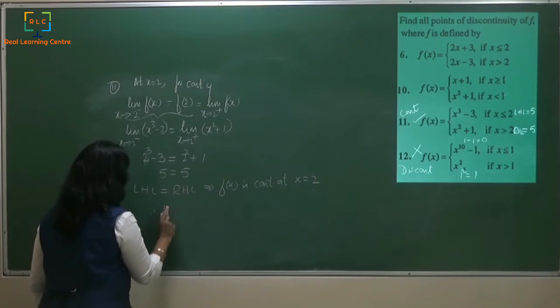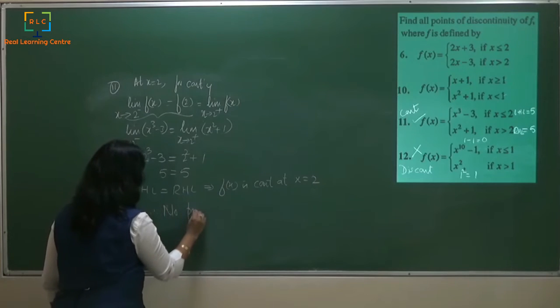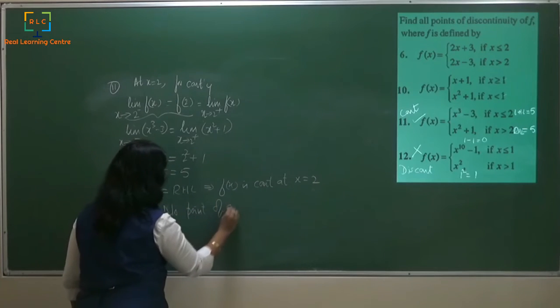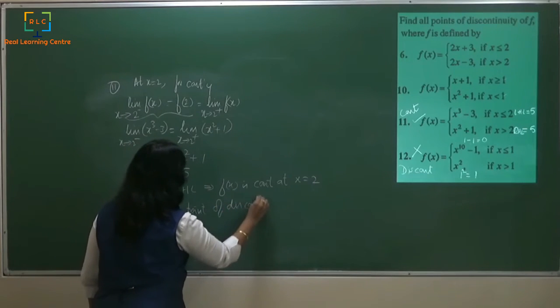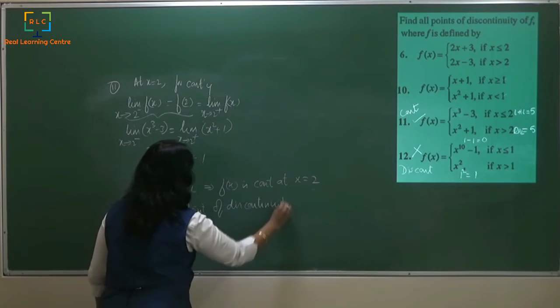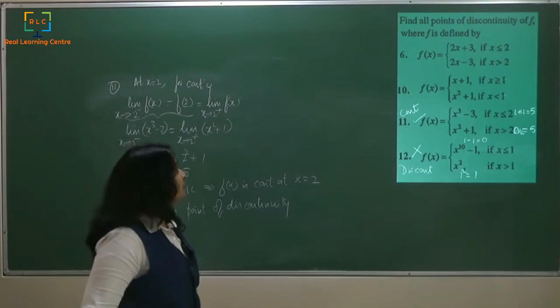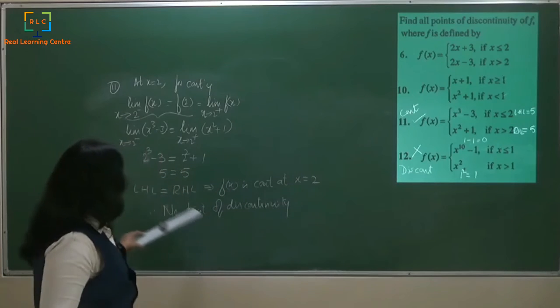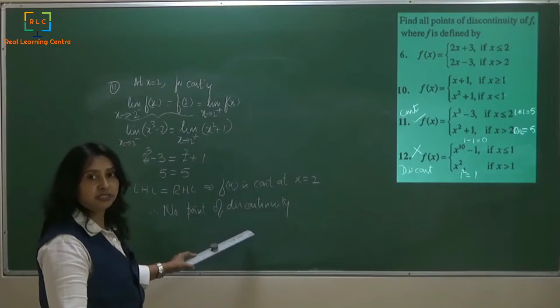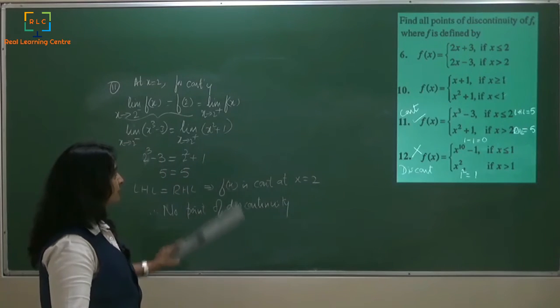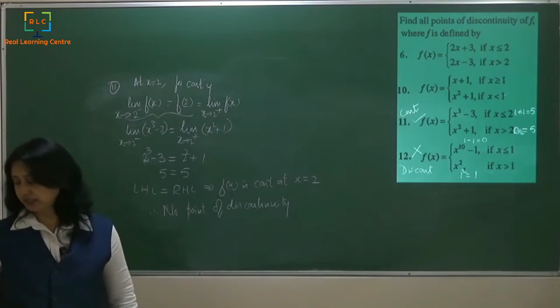Therefore, there is no point of discontinuity. Only because we have to answer to the point, we are writing no point of discontinuity. Otherwise, once it is a continuous function, we are fine with that.